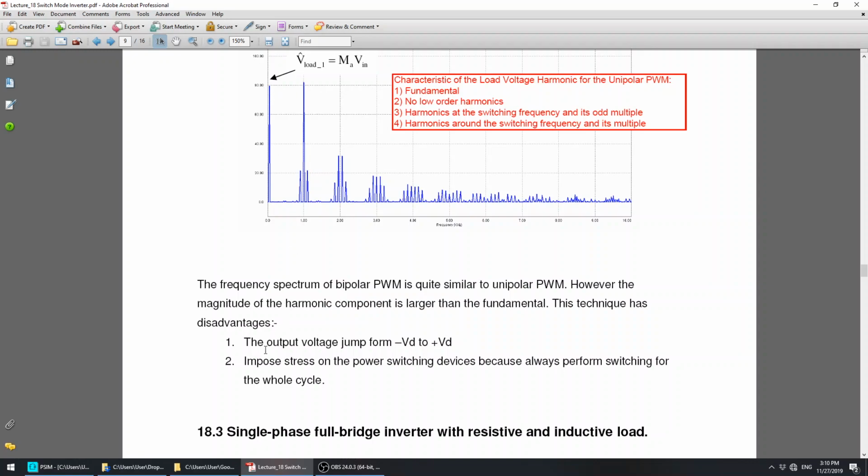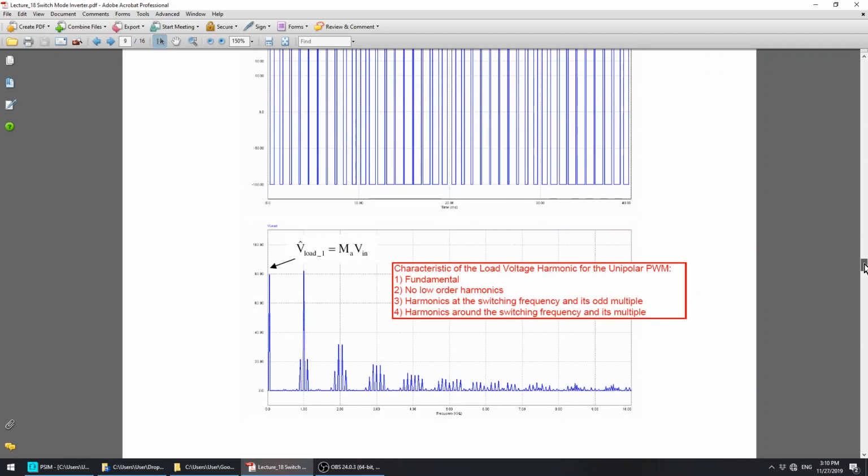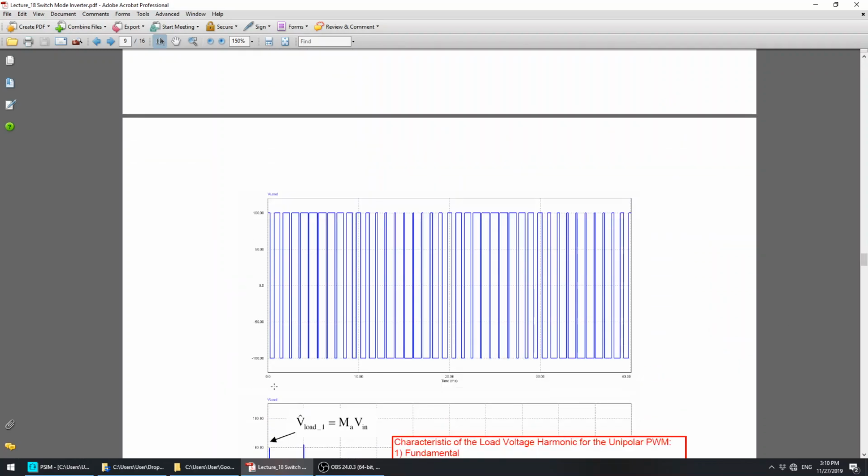This technique also has its disadvantages, whereby the output voltage jumps from minus Vd to Vd, which means the device will experience a high dV/dt, the rate of change of the voltage. So this is dV over dt.